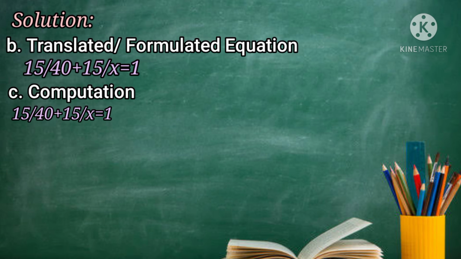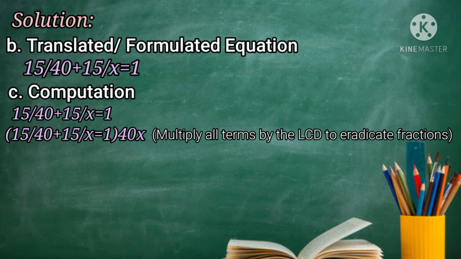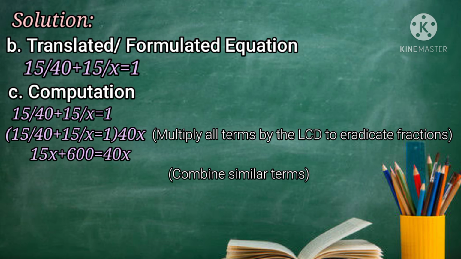To do this, we are going to multiply the terms by 40x, which is the LCD to eradicate the fractions. And then we come up with our new equation, which is 15x plus 600 equals 40x. So we combine like terms, leading us to 600 equals 40x minus 15x.